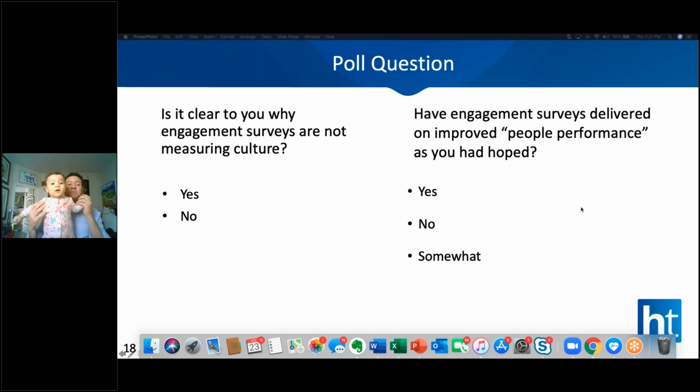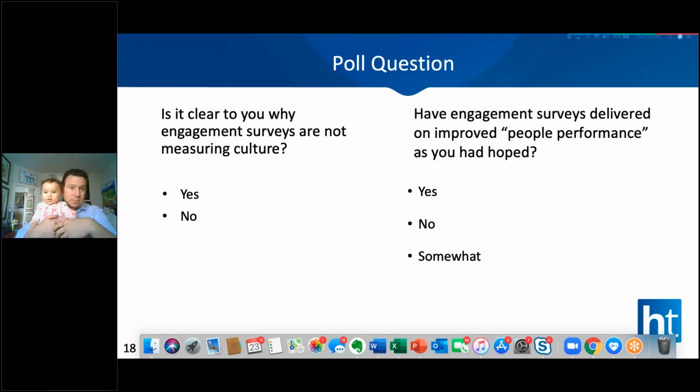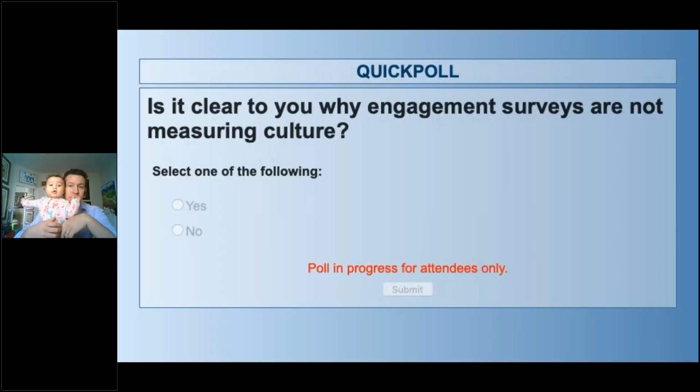Charles, why don't you read the poll question? Yeah, okay, so I'll go ahead and launch the poll here. All right, so the poll question is: is it clear to you why engagement surveys are not measuring culture? It's just a simple yes or no question. We'll give it about 30 seconds to collect responses.